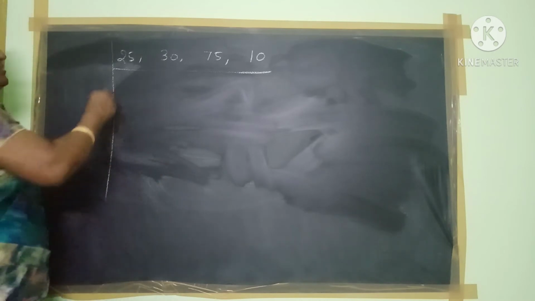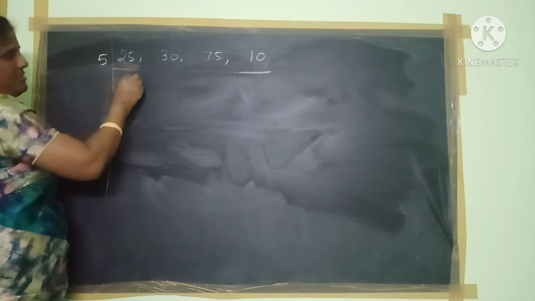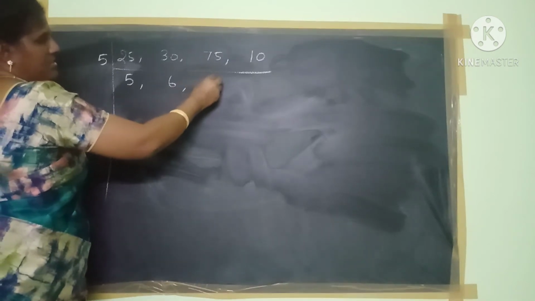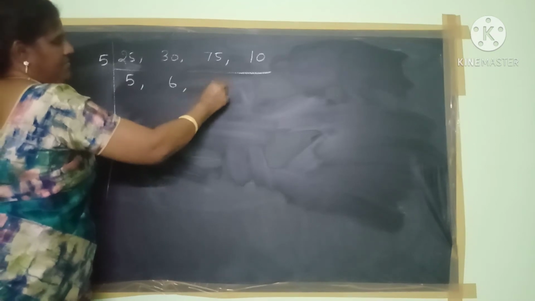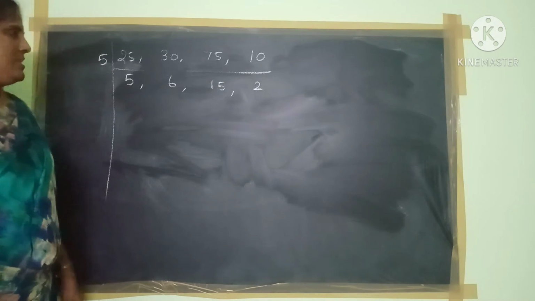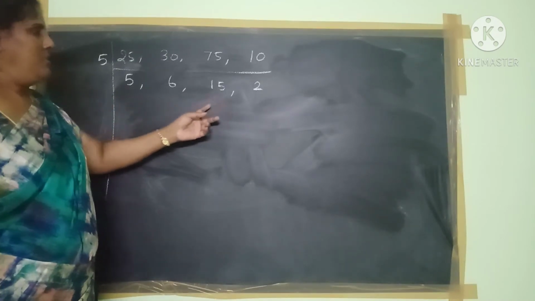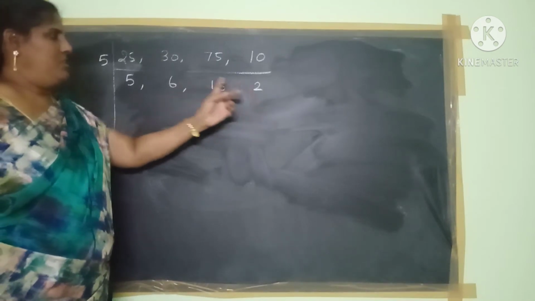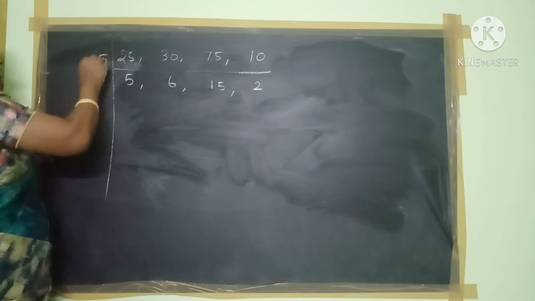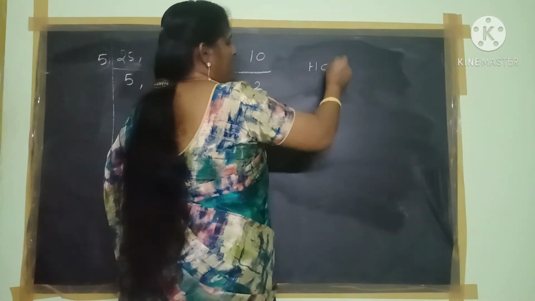Yes or no? So now I start with 5. In the 5 table, 25 comes 5 times, 30 comes 6 times, 75 comes 15 times, and 10 comes 2 times. Next, see the numbers: in the 5 table, 15 will come, but 2 and 6 will not come. So what is the HCF of the 4 numbers? Only 5. So HCF is equal to 5.